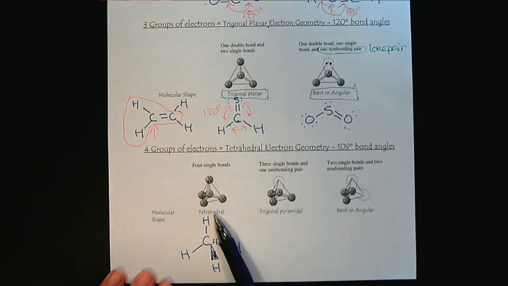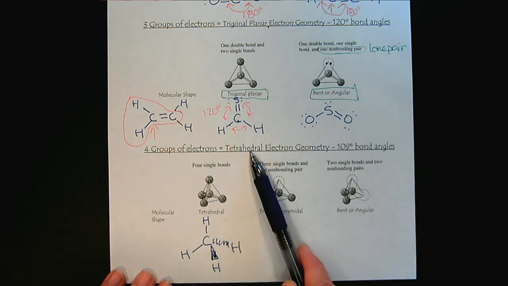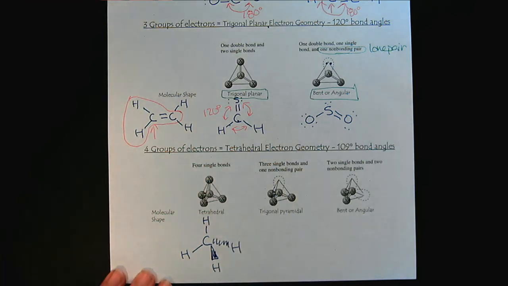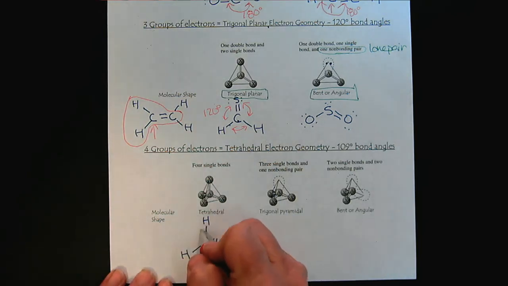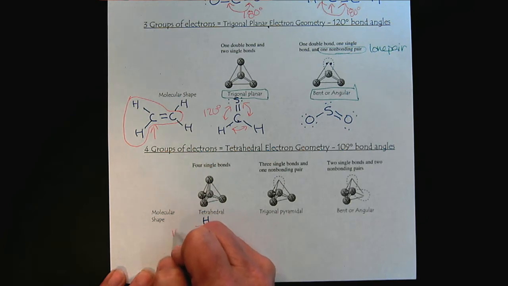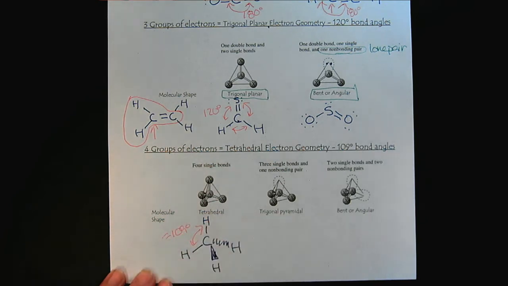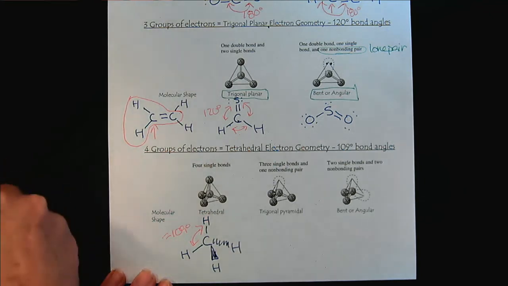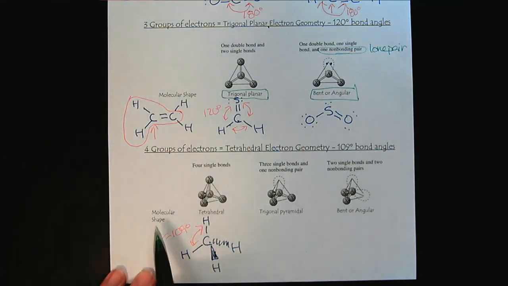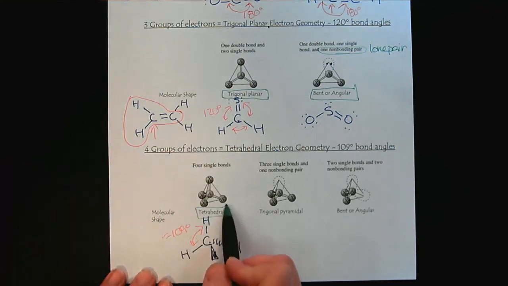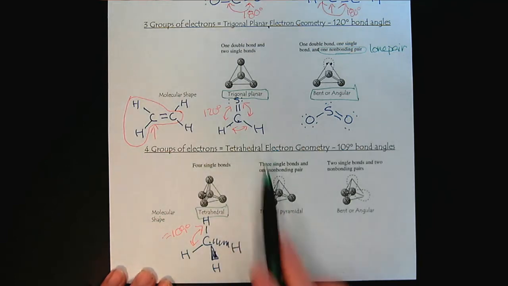So here we have 4 groups of electrons, 4 single bonds. That creates the tetrahedral electron geometry with the 109-degree bond angles. And because our central atom has no lone pairs, the molecular shape is the same as the electron geometry.